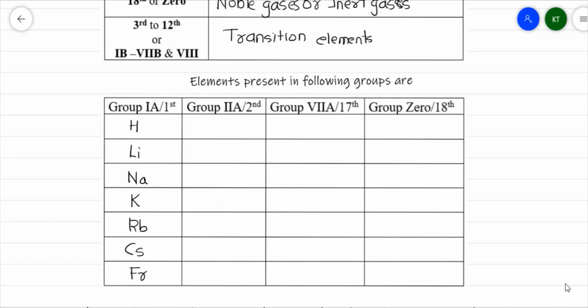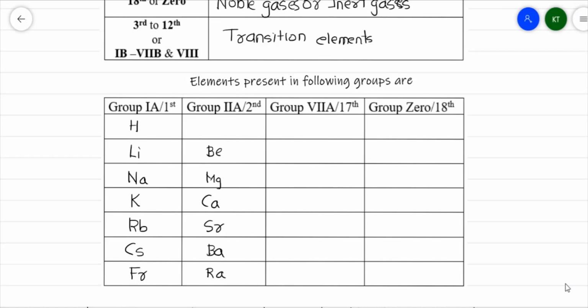Out of that, francium is radioactive. Then the elements present in the second A group are beryllium, magnesium, calcium, strontium, barium and radium. Out of these, radium is radioactive.